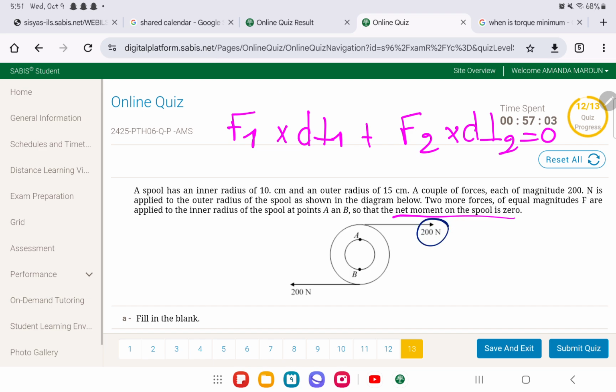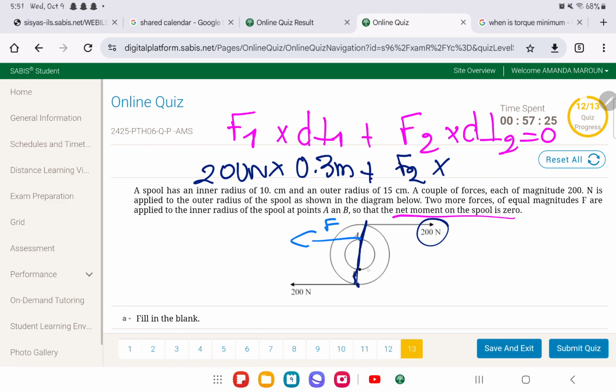We have our first force, which is 200 newtons, multiplied by the first distance from this to this one. We calculated it to be 0.3 meters. Now we're gonna add it to what? To force 2, which is unknown. We're gonna keep it force 2, multiplied by the distance.